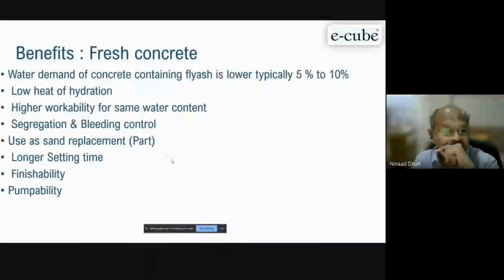So we are using it partly as a replacement for reducing the heat of hydration. If you use 100% cement, we'll get huge heat. Reduce around 35%, the heat will be reduced.